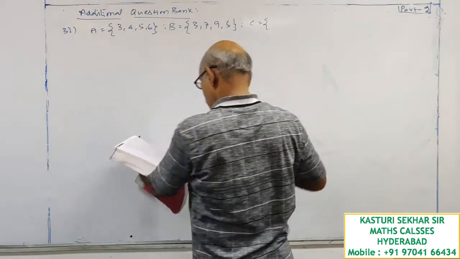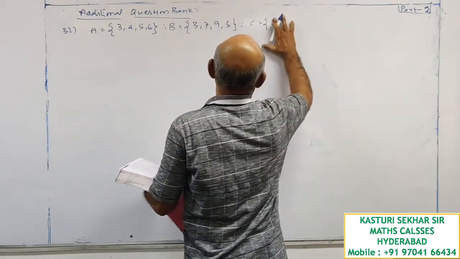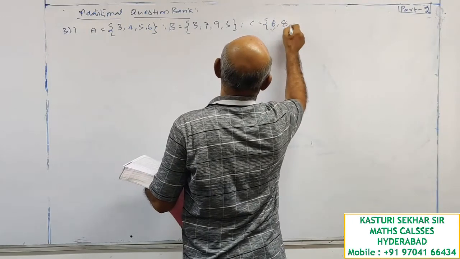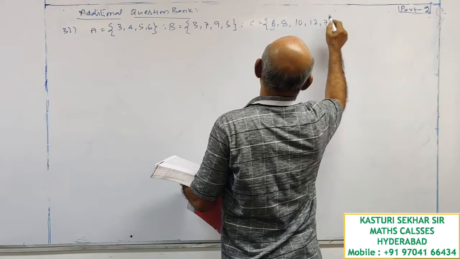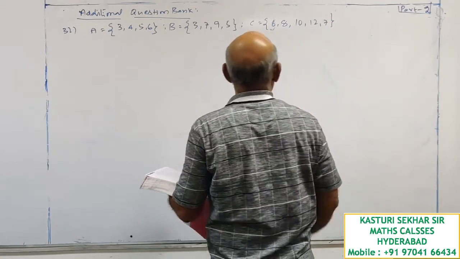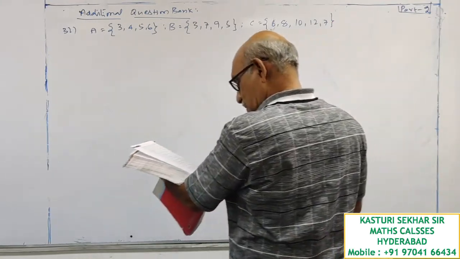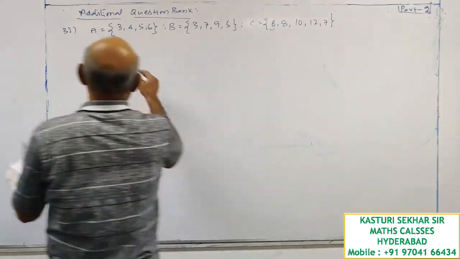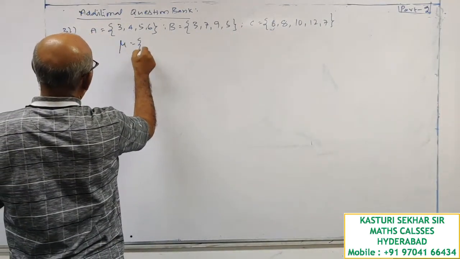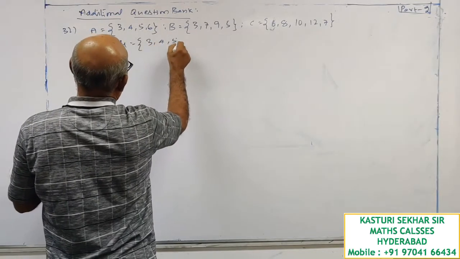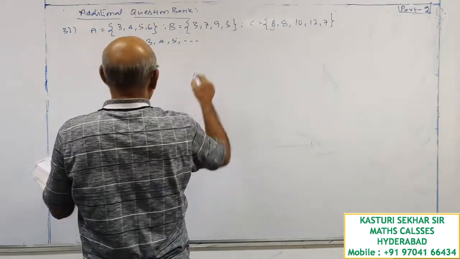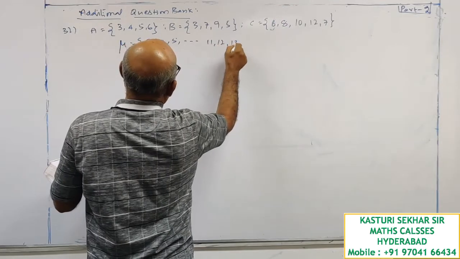C is equal to 6, 8, 10, 12, 7. Universal set is equal to 3, 4, 5, and so on, 11, 12, 13.